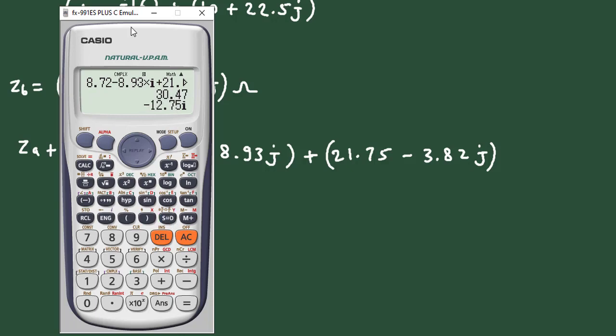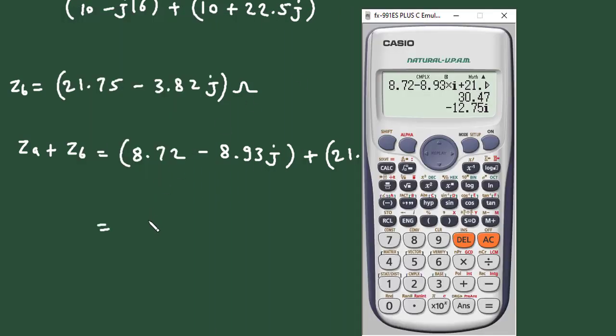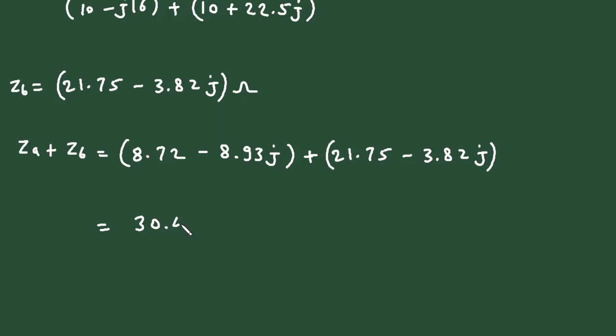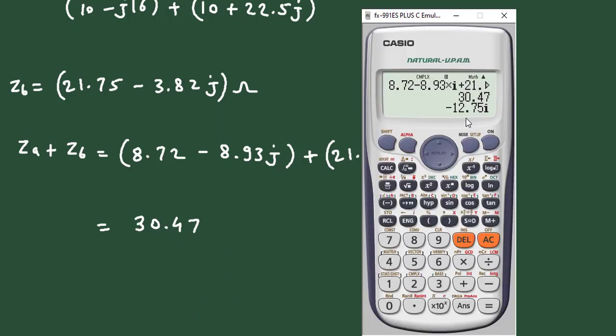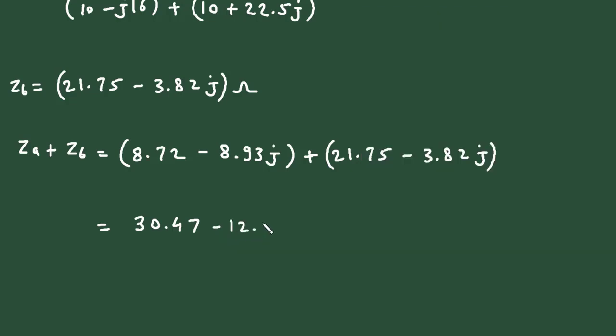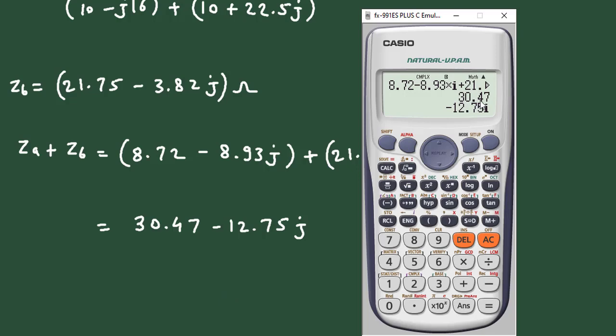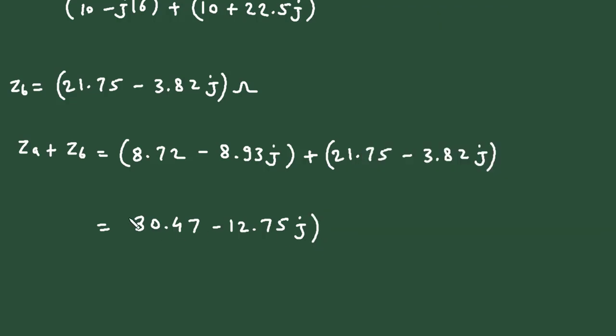So it is 30.47 minus 12.75 j, and its unit will be again ohm.